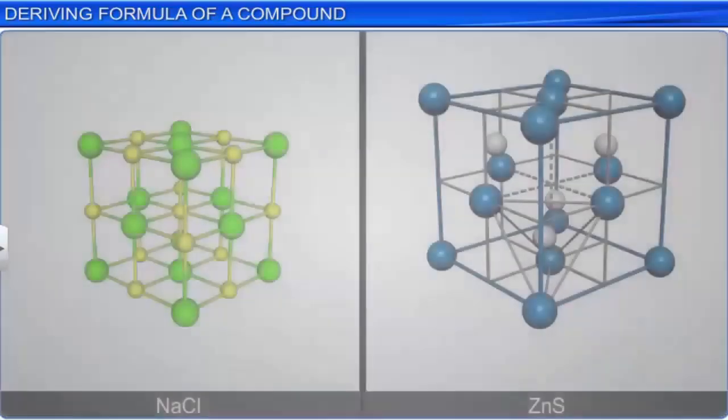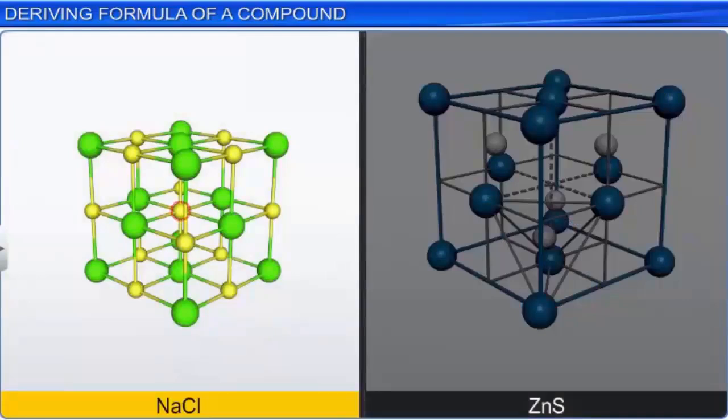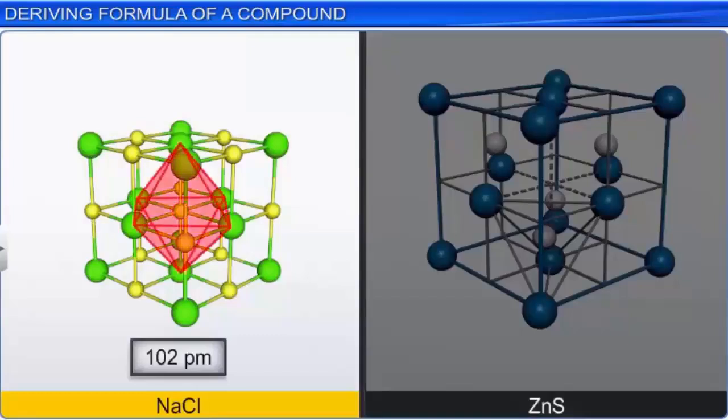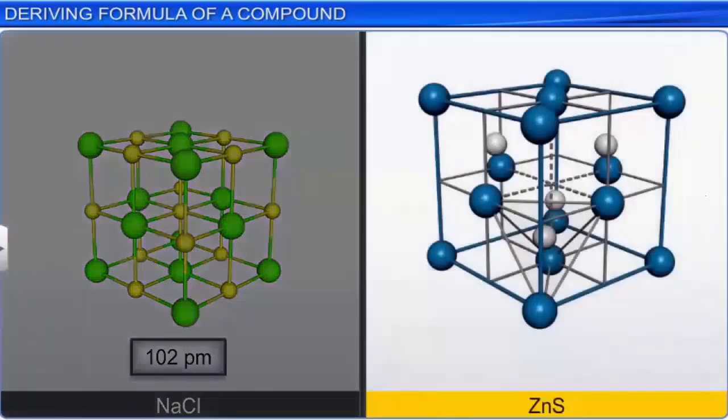For example, sodium ions, having size of 102 picometers, occupy the octahedral voids in a sodium chloride lattice, and the zinc ions, with size of 74 picometers, occupy the tetrahedral voids in a zinc sulfide lattice.